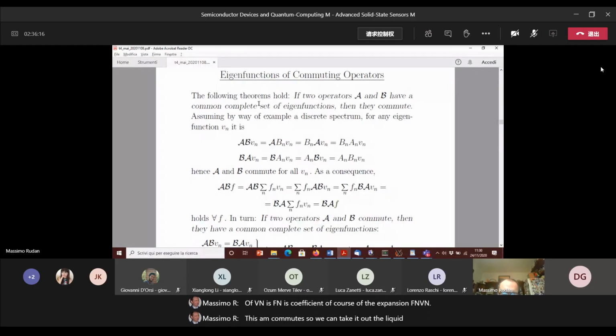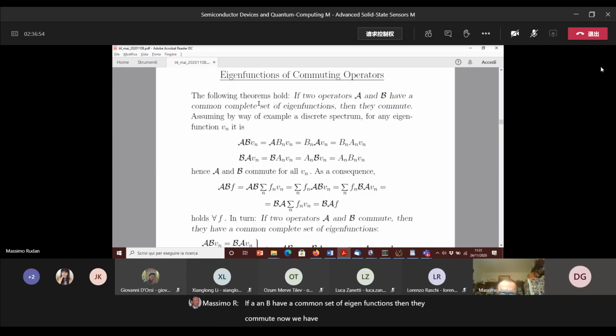The coefficients fn are numbers, so we can take them out. Then we have AB applied onto the single eigenfunction, but we know from the previous demonstration that B and A commute, so we can write it BA Vn. Then we can take it out again, and we have BAf. So we have demonstrated that if A and B have a common set of eigenfunctions, then they commute.